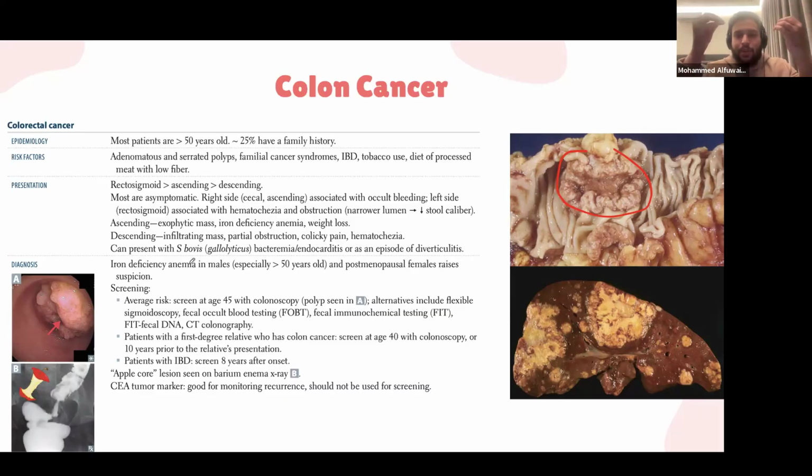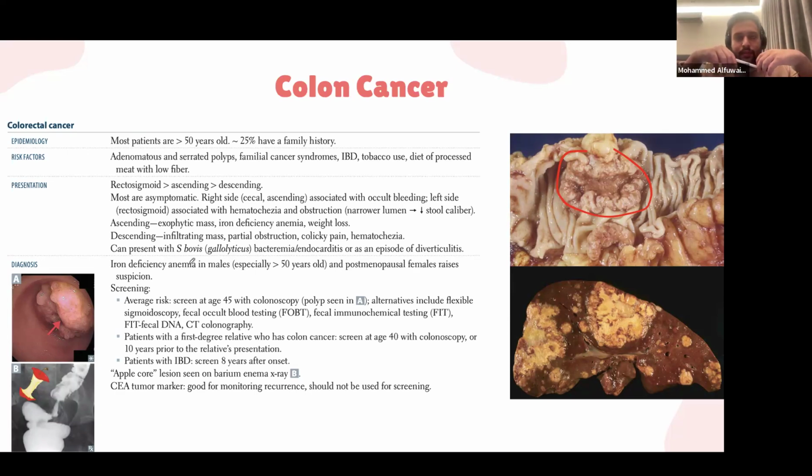But the important differential or difference between the right and left is it's going to be obstructive signs. Okay. The stool, basically the shape of the stool will look like a pencil, very thin. Okay. In the left-sided colon cancer. Right-sided will most likely present with iron deficiency anemia and GI bleed. Okay.